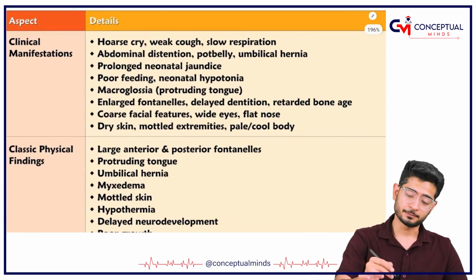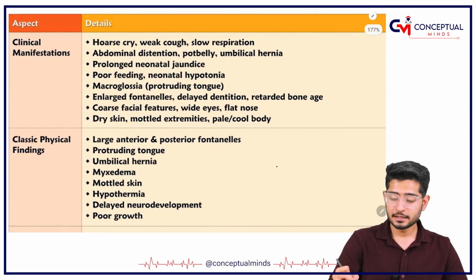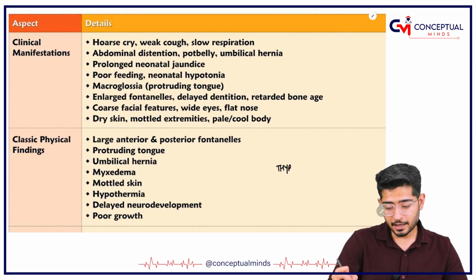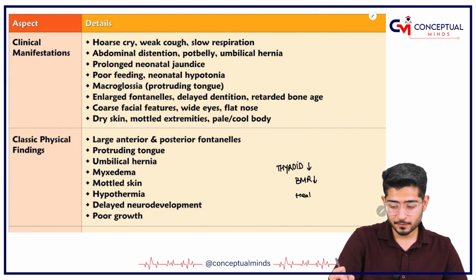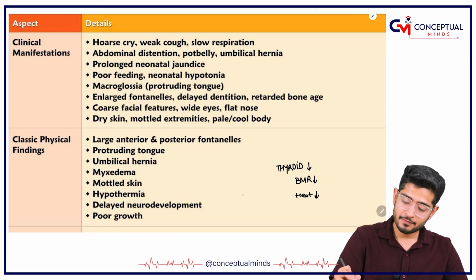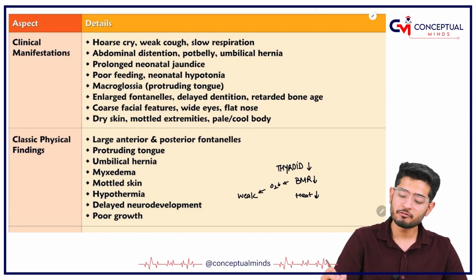Now see, I always teach like this: if there is less thyroid hormone, the BMR is less, the heat production is going to be less, everything is going to be weak, because the BMR is not there. Of course the oxygen consumption is less, so everything is going to be weak.